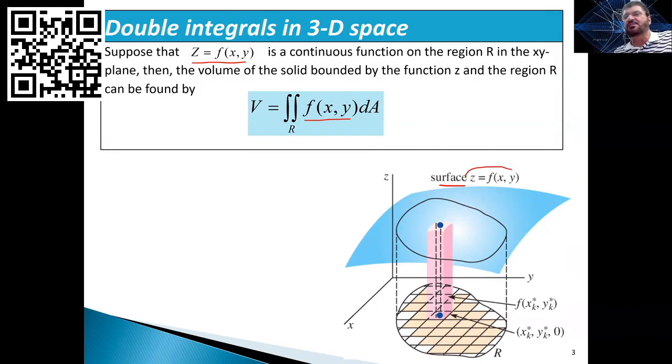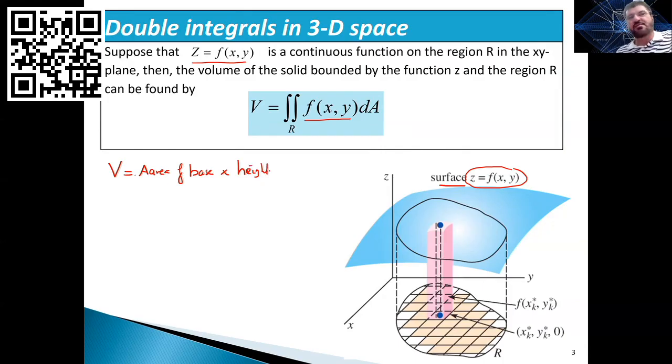So remember, we graphed so many functions like the paraboloid and the sphere. All of those are surfaces and solids. How can we find the volume of the solid using a double integral? Remember, guys, the volume of any solid is the area of the base times the height.